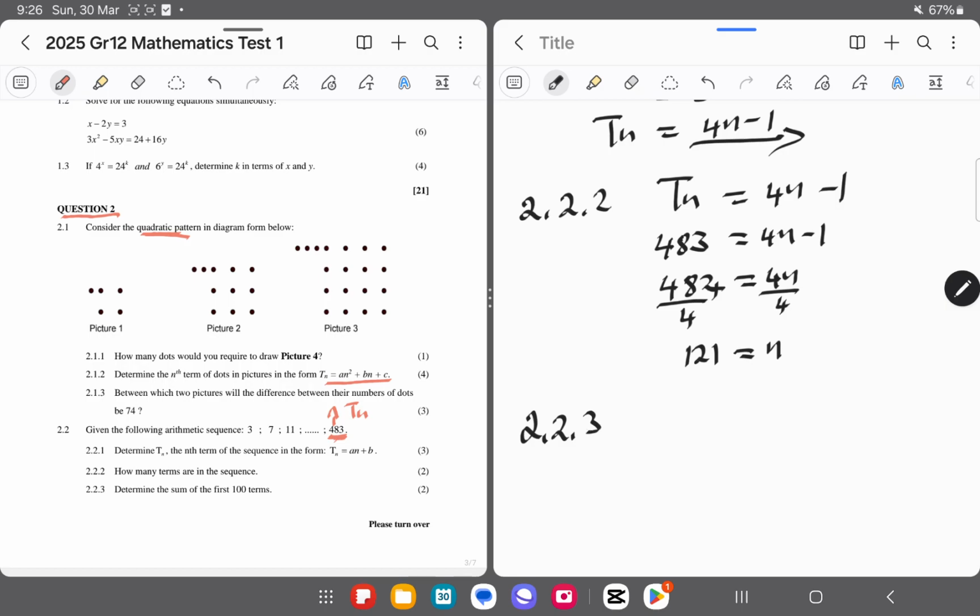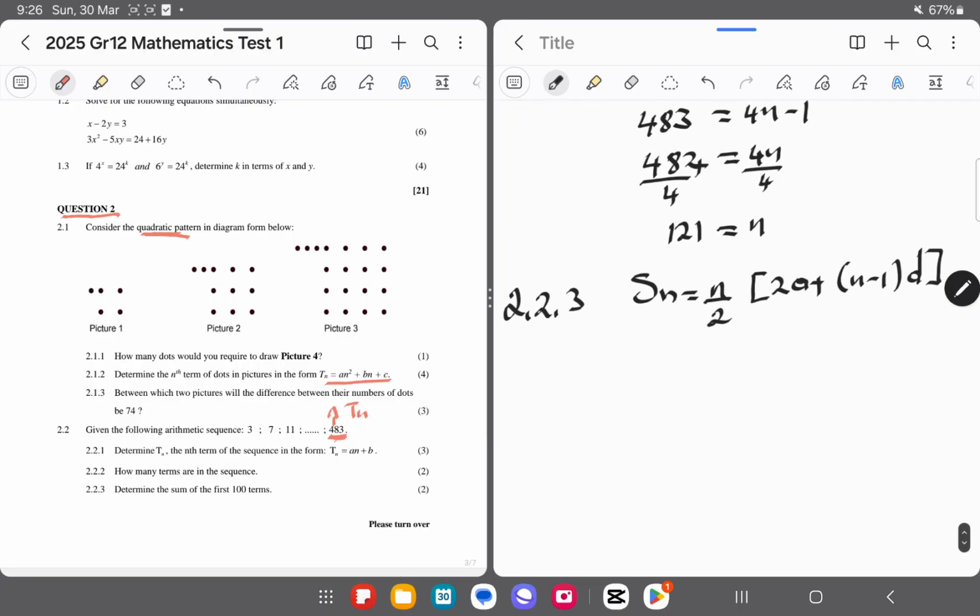2.2.3 says determine the sum of the first 100 terms. We know that for an arithmetic sequence, Sn is equal to n over 2, times 2a plus n minus 1 multiplied by the difference.